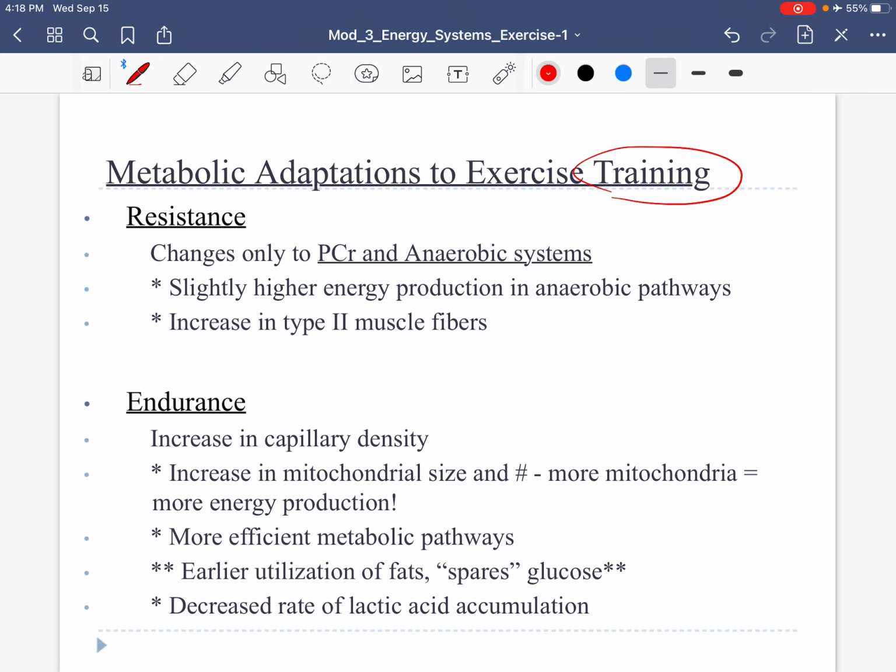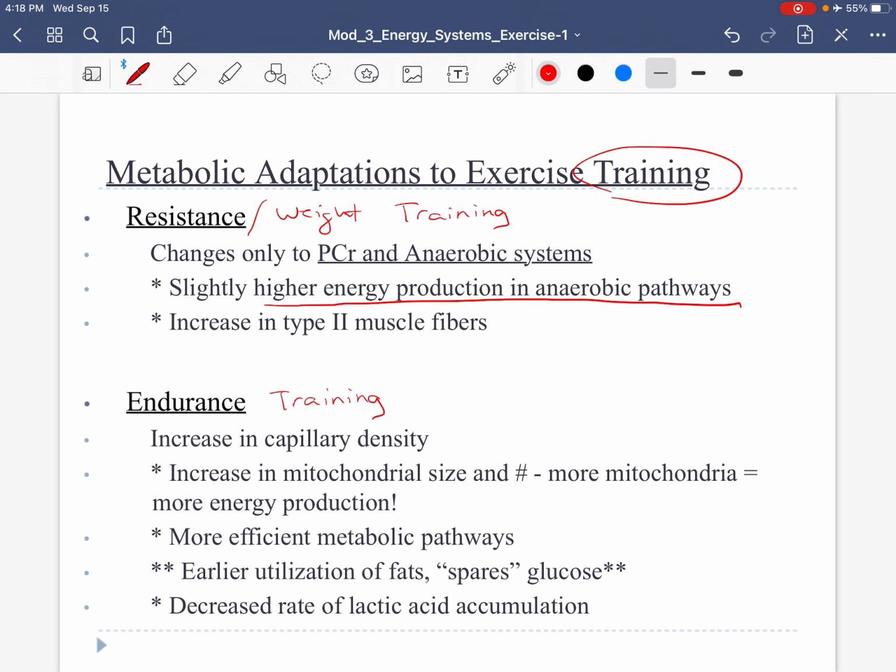With training, we can produce more energy in our anaerobic pathways. Now, what I'm talking about is if we have resistance or weight training. So we're going to talk about adaptations that occur from weightlifting, and we're going to talk about adaptations that occur from endurance training.